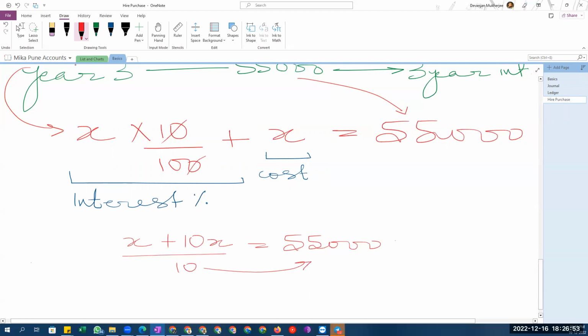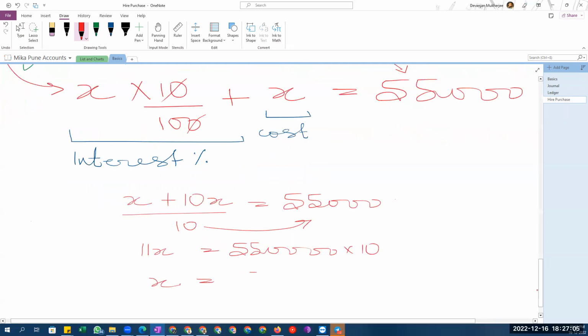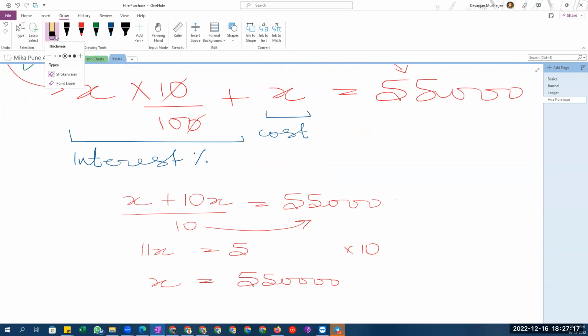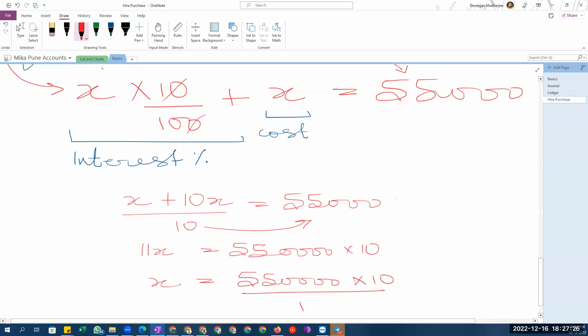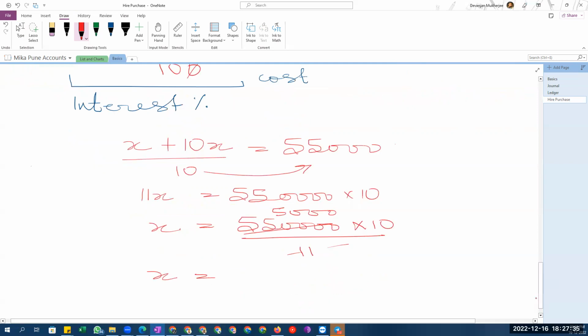I'll transfer this to the other side, so it will become 11X is equal to 55,000 into 10, and X would become lastly 55,000 into 10 whole divided by 11. 11 fives are 55, so 5,000. Then X would be 50,000.